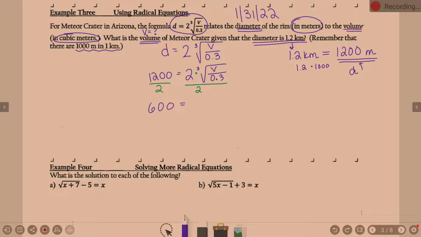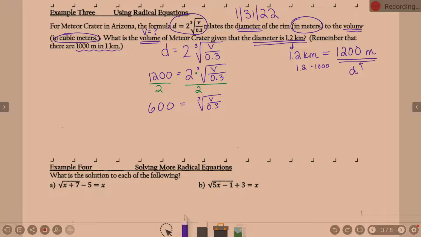On the other side, the 2's cancel and what remains? The cube root of V over 0.3. Okay. Now what?